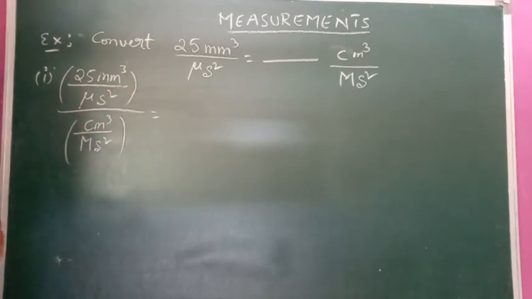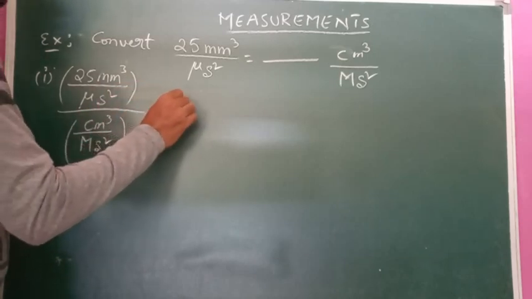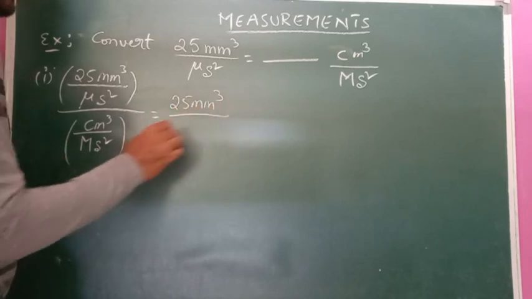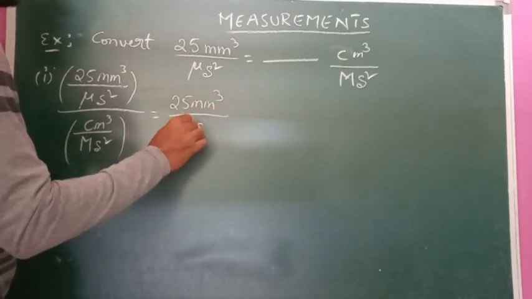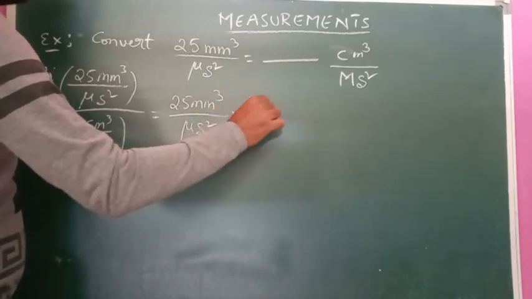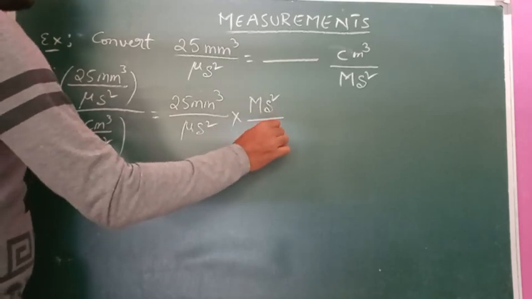So it can be written by taking the reciprocal: 25 millimeter cube by microsecond square into megasecond square by centimeter cube.